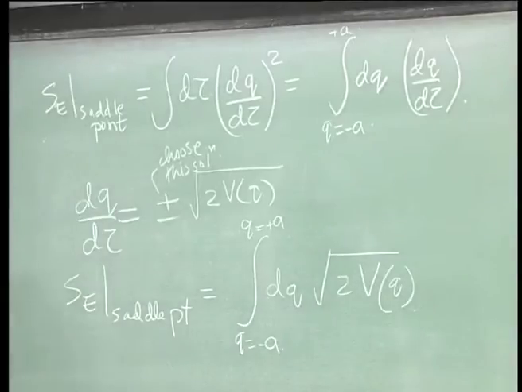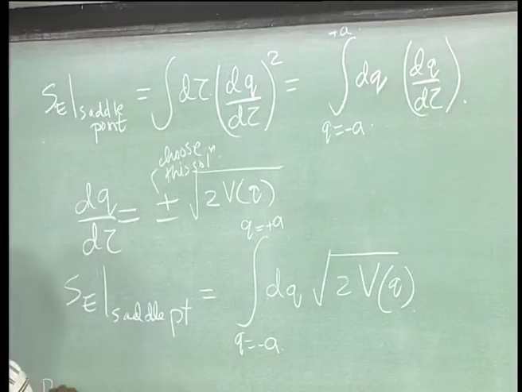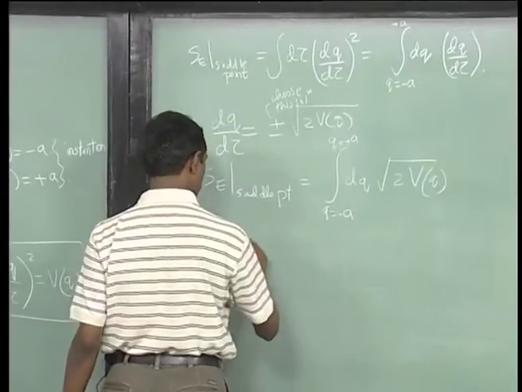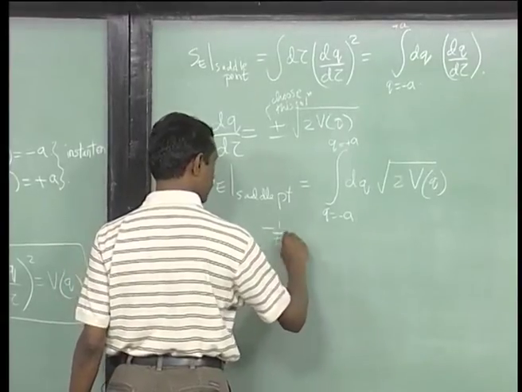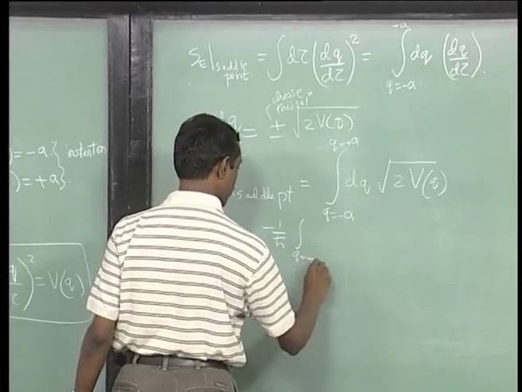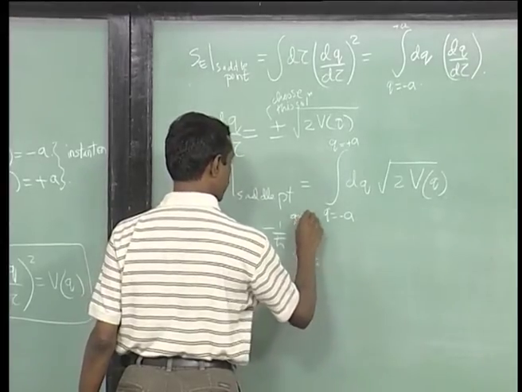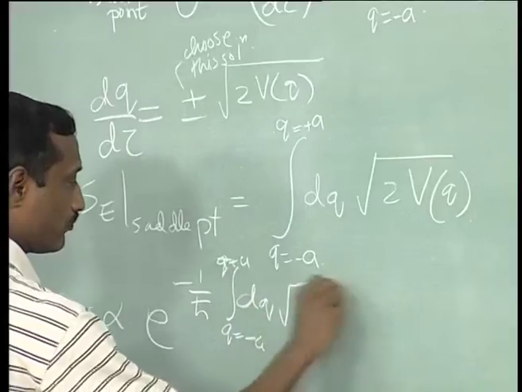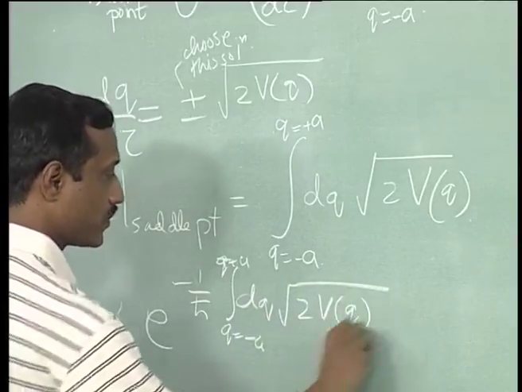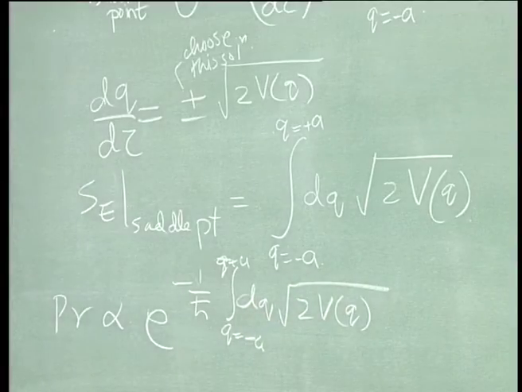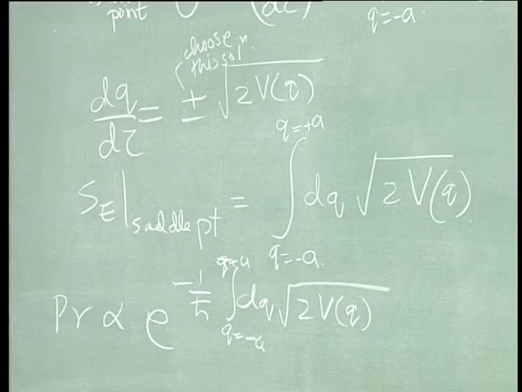So, you can go back and compare. What this tells you is that the probability is proportional to e to the power minus 1 by h bar integral from q equal to minus a to q equal to plus a dq of square root of 2V. Okay. So, this matches the saddle point answer which we had, because that had an E in it, and you just set E equal to 0 because that is our condition, and that is what you get.